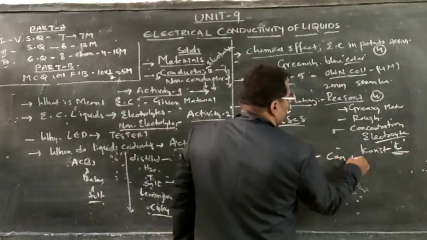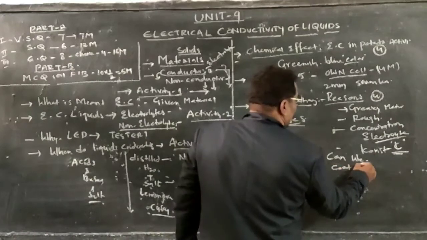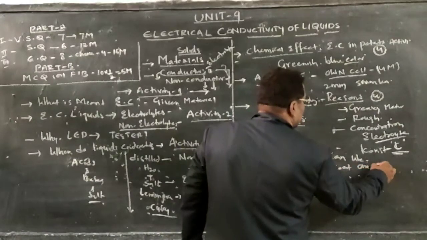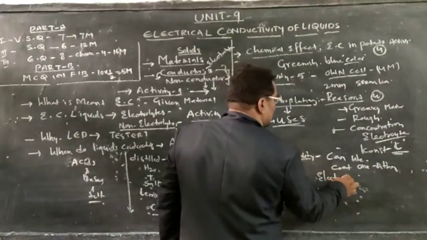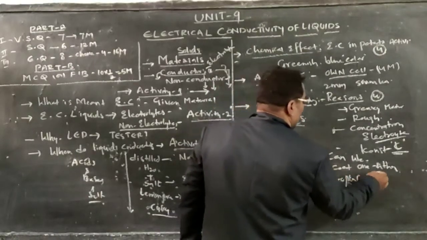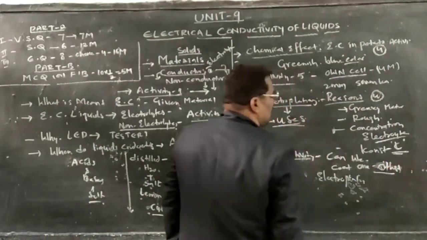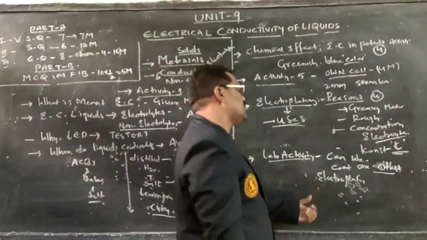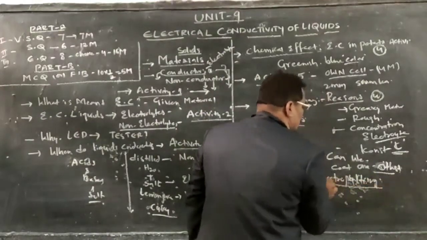How can we coat one metal on another metal? By using a process called electroplating. One metal on another metal by using one process. That process is called electroplating.